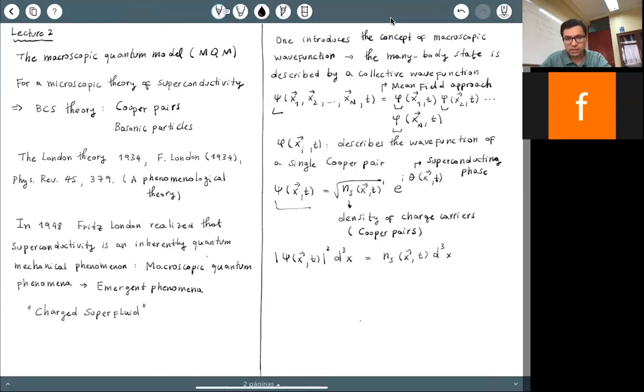The macroscopic wave function is like a time-dependent order parameter, if you want to think about it in that way. So from here, this will be the main concept that we will introduce, and we'll work with this macroscopic wave function.